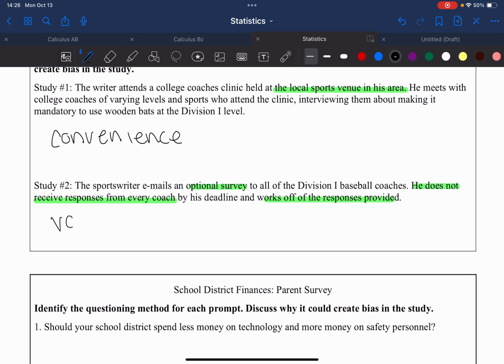This would be a voluntary response sampling method, because not everybody responded because he made it an optional survey. And the responses that he got quickly, that he made his conclusion off of, most likely contained only people that had strong opinions, either for or against making wooden bats mandatory at the Division I level.